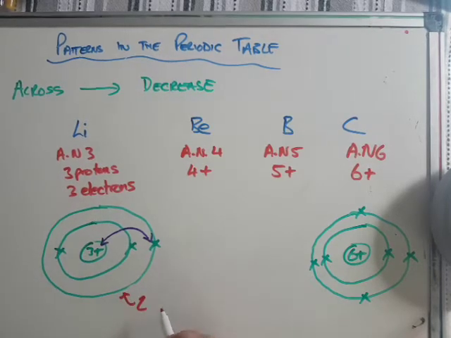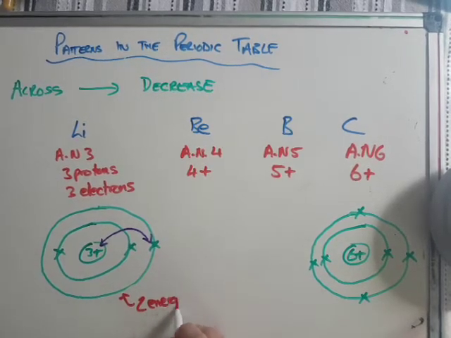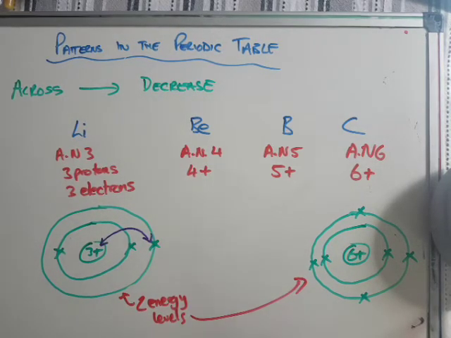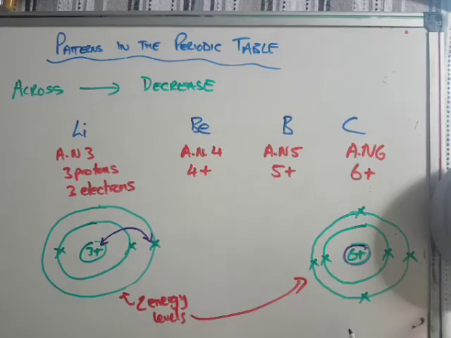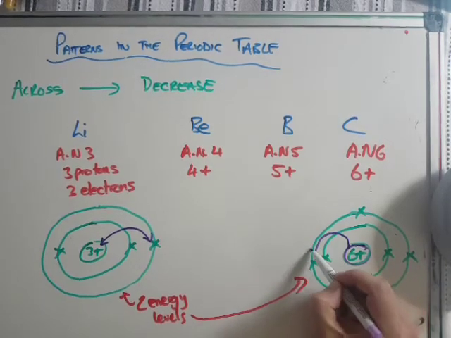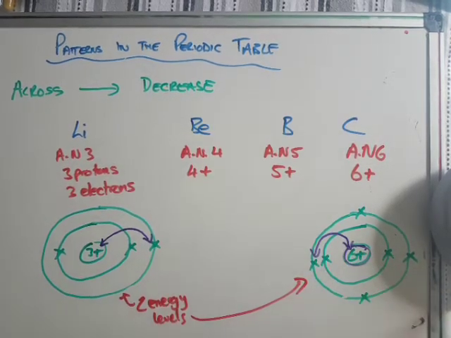So we've got 2 orbitals or 2 energy levels of electrons. Right? Same at that point as well. But that greater nuclear charge, so the fact we've now got 6 protons in there, is attracting the electrons, so those outer electrons still in the second energy level, and it's ended up pulling it closer together.